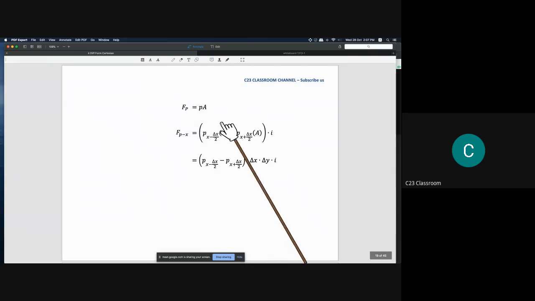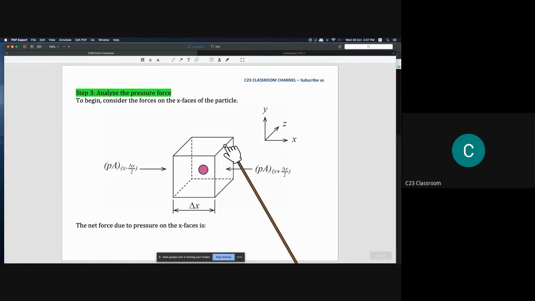So then we could calculate the pressure force as Fp equal to pressure times A, and then we substitute the values that we have on the x-axis. Because this is the force that occurs at the x-axis, and we have 2 forces, we need to add them.